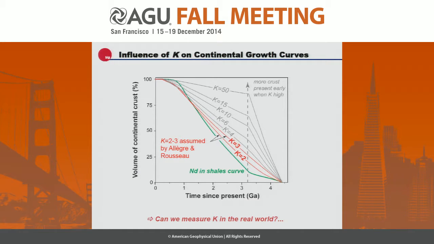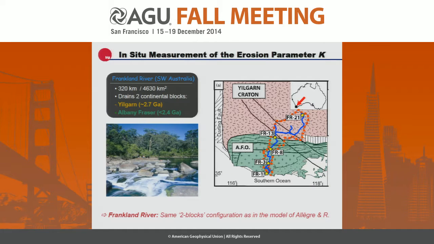But actually at this stage, it was not based on a proper measurement of that parameter. As you can see here, the greater the value of K, the more crust was present early in Earth's history. So, is there a way that we can try and measure that parameter?